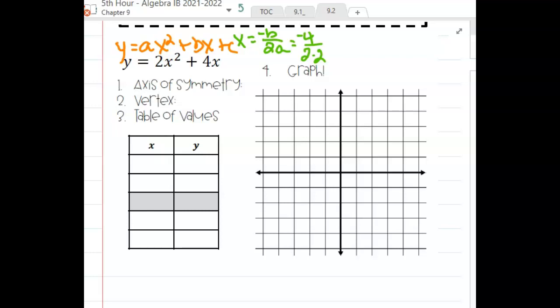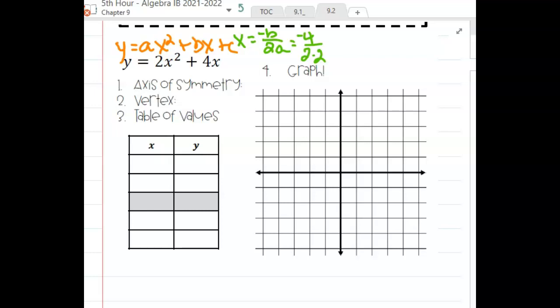The formula I was given says the opposite of b over 2a. So I need to take 2 times a. A is 2, so it's 2 times 2. If it's positive, the opposite would be negative. If it's negative, the opposite would be positive. You just flip the sign.